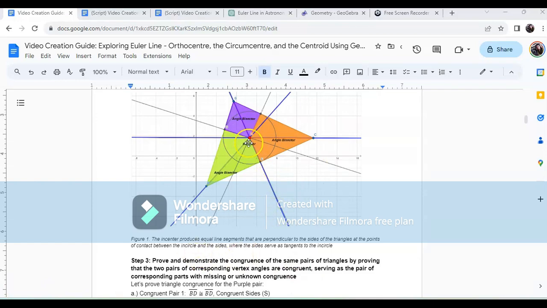The incenter D produces equal line segments GD, DF, and DE that are perpendicular to the sides of the triangle at the points of contact between the incircle and the sides, where the sides serve as tangents to the incircle.